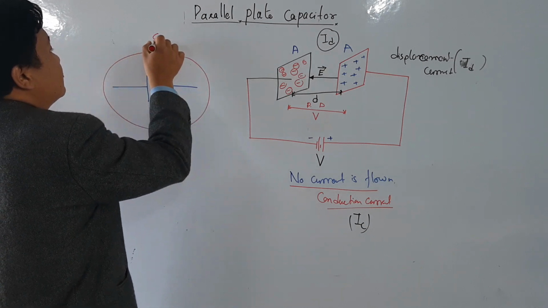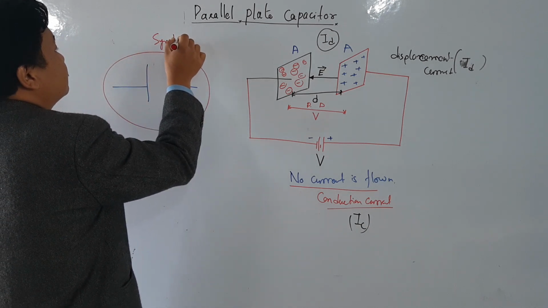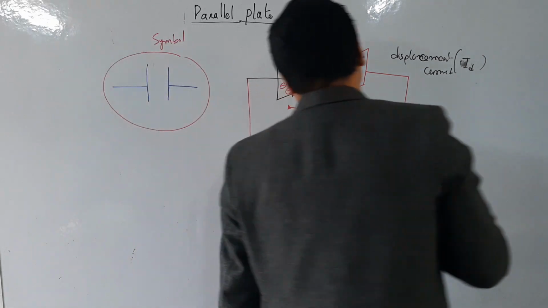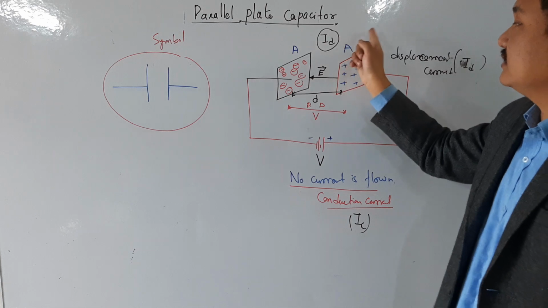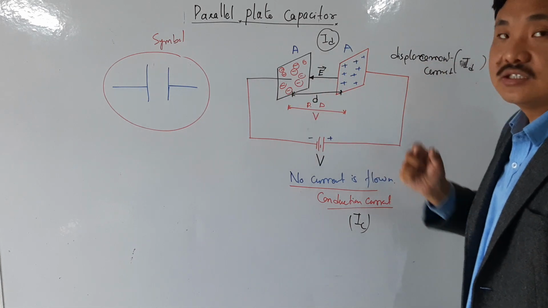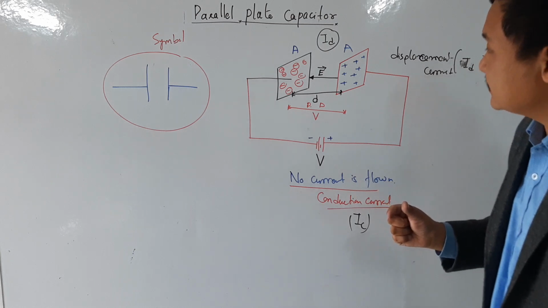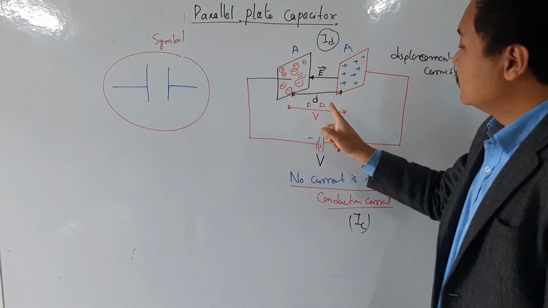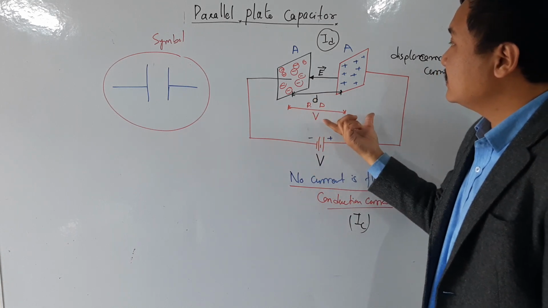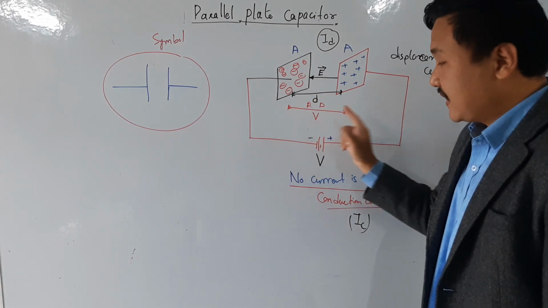This is the symbol of the parallel plate capacitor. The areas are the same. There is an electric field from positive plate to negative plate. There is a small distance d between this plate and this plate. Because of this battery, there is a potential difference which is called V.